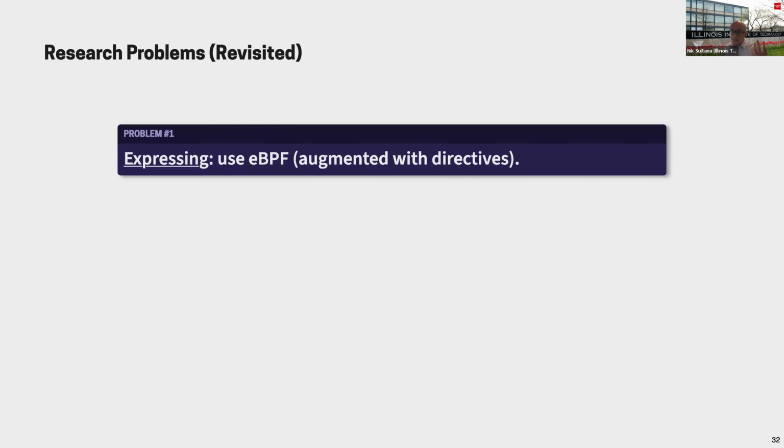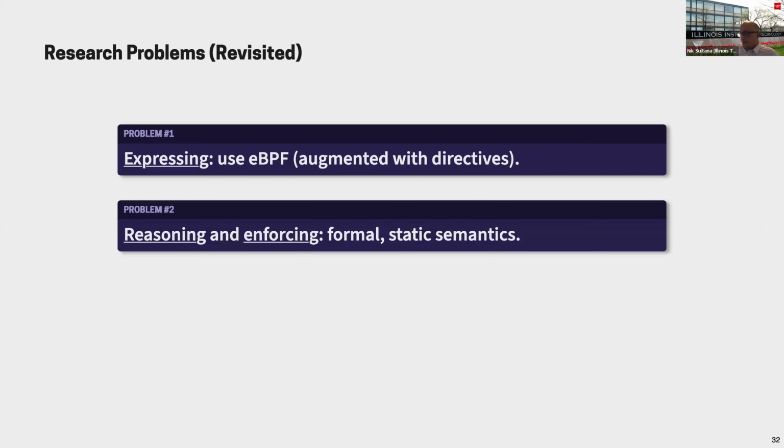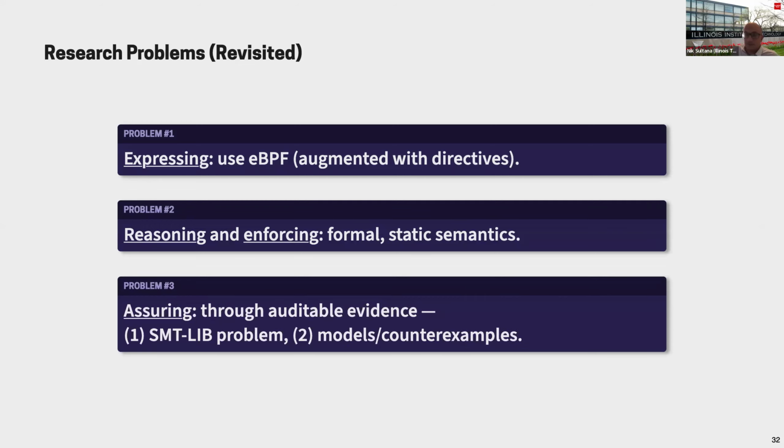In terms of research problems, for expressing policy, I'm using eBPF, augmented with the directives I mentioned. The reasoning and the enforcement parts are done through formal semantics, and the assurance comes from two parts.